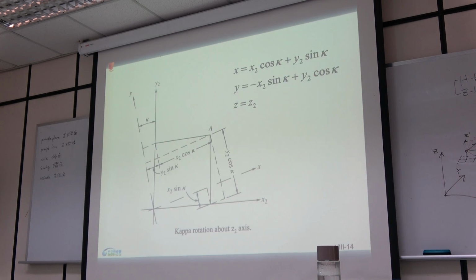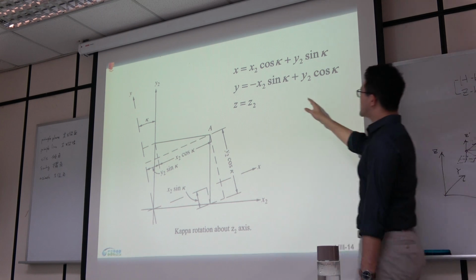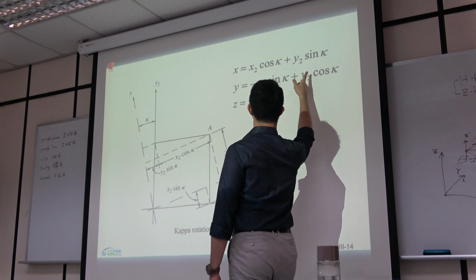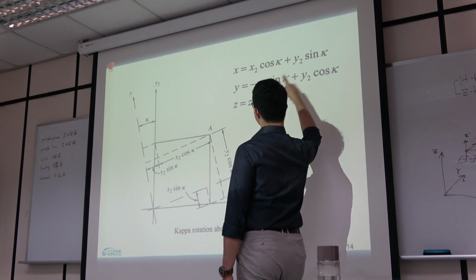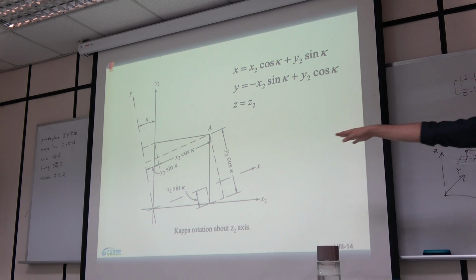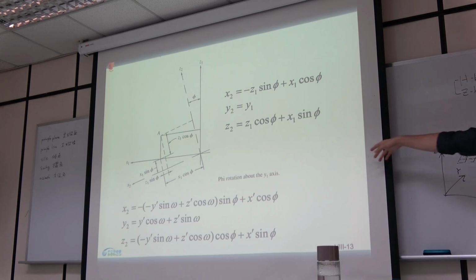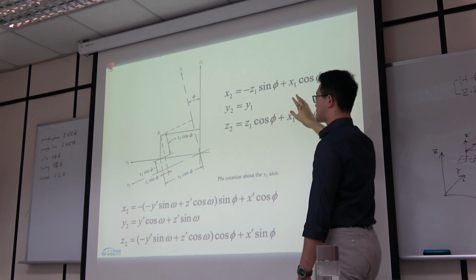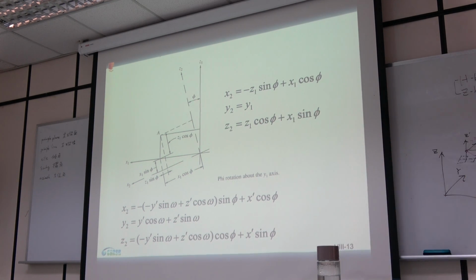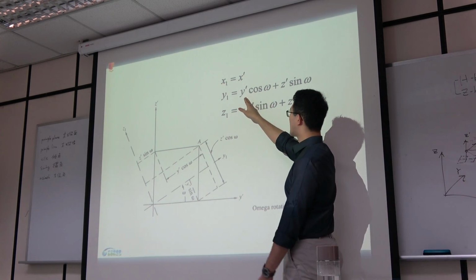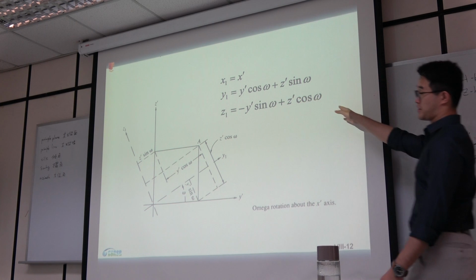And then finally, what we can do is, as you can see, this is the relationship between the x, y, z with the x2, y2, and z2. But x2, y2, z2 can also be represented in the x1, y1, z1 coordinate system, and the x1, y1, z1 system can also be represented in the original coordinate system.